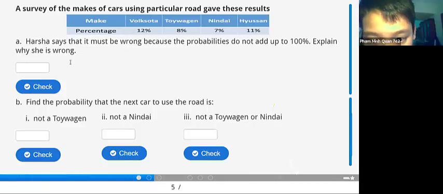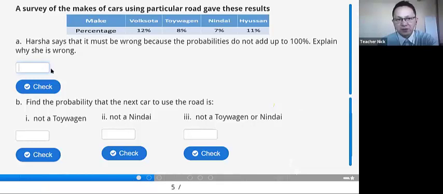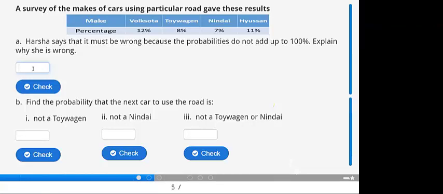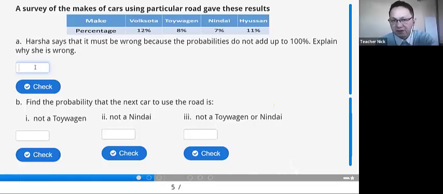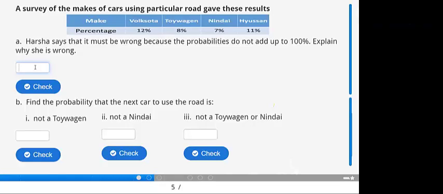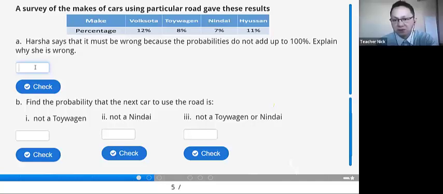All right. Because there are other cars on the road too. Yeah, there are other car brands on the road too, not just these. Oh, really? Okay, that's a big idea.